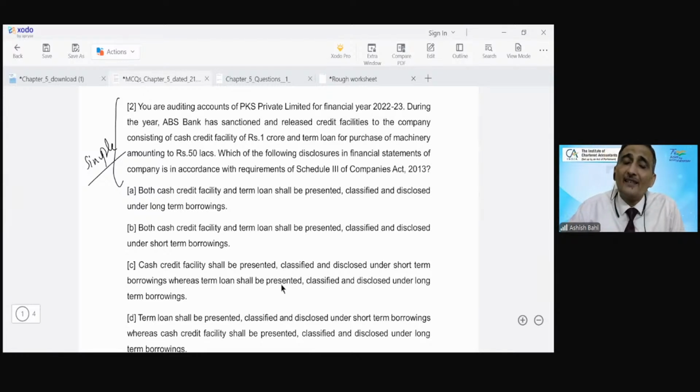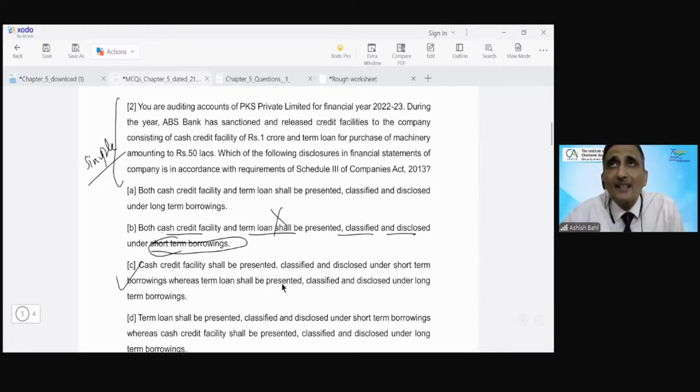So guys, answer is C. Now Tambeshwari and Vedant, how you are writing B? Both cash credit facility and term loan shall be presented, classified and disclosed under short-term borrowings. You have just done this in the case study. This is wrong. Term loans are shown under long-term borrowings and cash credit facilities are shown under short-term borrowings.